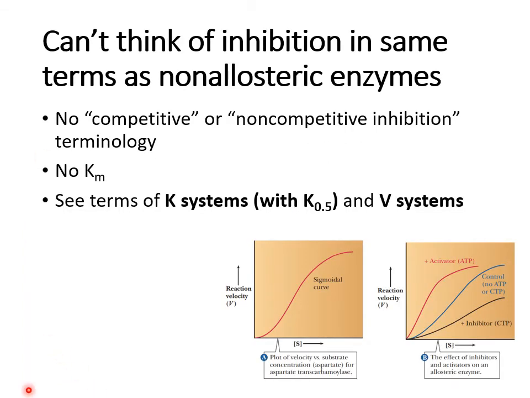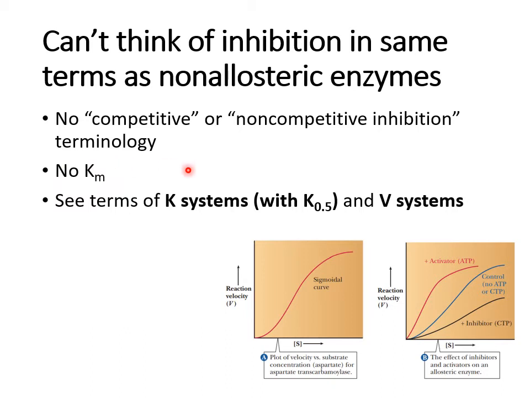Now, as I mentioned in the previous slide, when you're talking about allosteric enzymes, you can no longer think of them the same way that we did with all of those previous non-allosteric enzymes. Like I said, Michaelis-Menten will no longer apply to these. You're not going to hear competitive or non-competitive inhibition terminology. You're not going to see a KM.